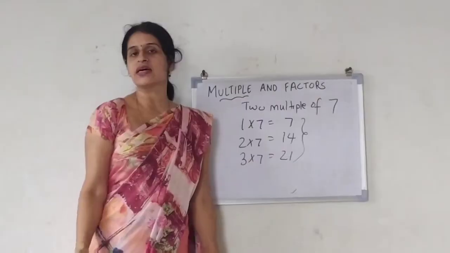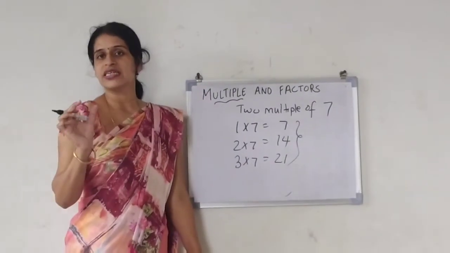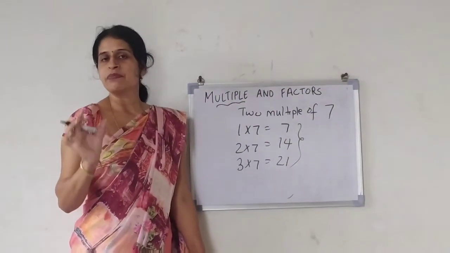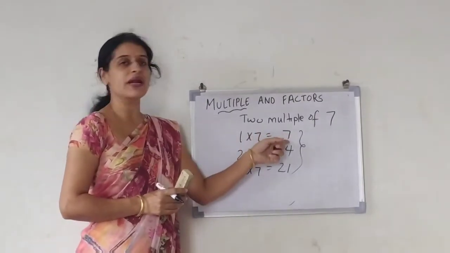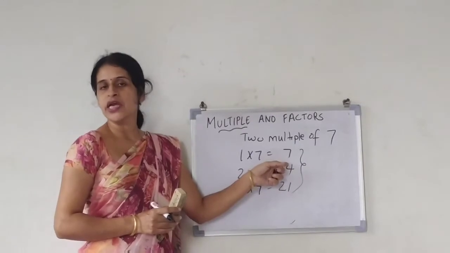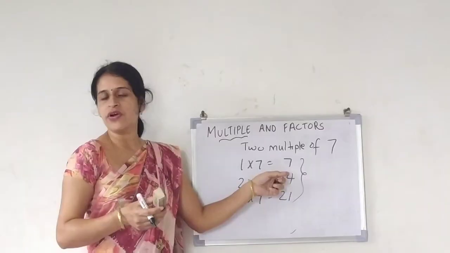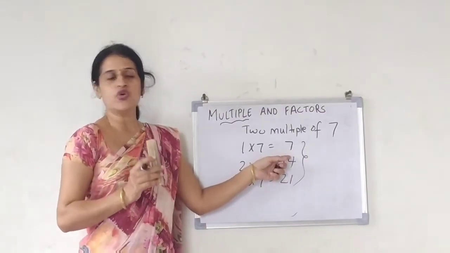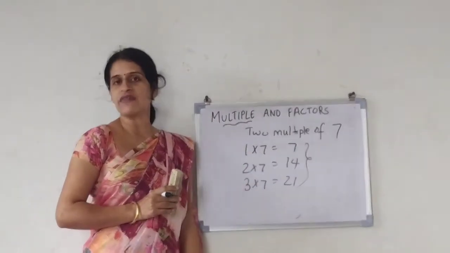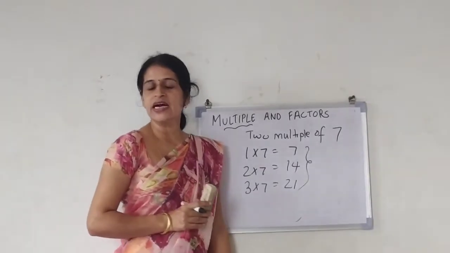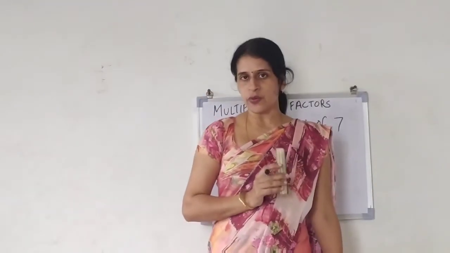So 7, 14, 21 are multiples of 7. Is it clear? Multiple is nothing, the product of two numbers is the multiple of the number. To find the multiple of any given number, you multiply that given number with 1, 2, 3, 4, 5 and so on. I hope this multiple is clear with you.